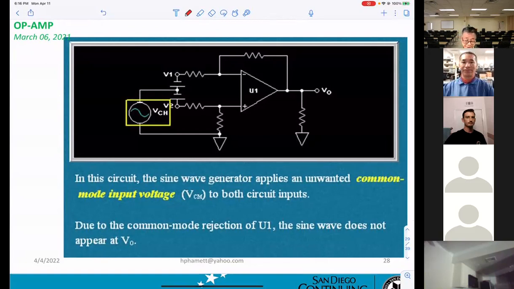This is the noise. Okay, this is the noise that will affect V1 and also V2. And you understand how the differential amplifier tries to delete it by common mode rejection. So that's why they say due to common mode rejection, the sine wave does not appear at the Vout.